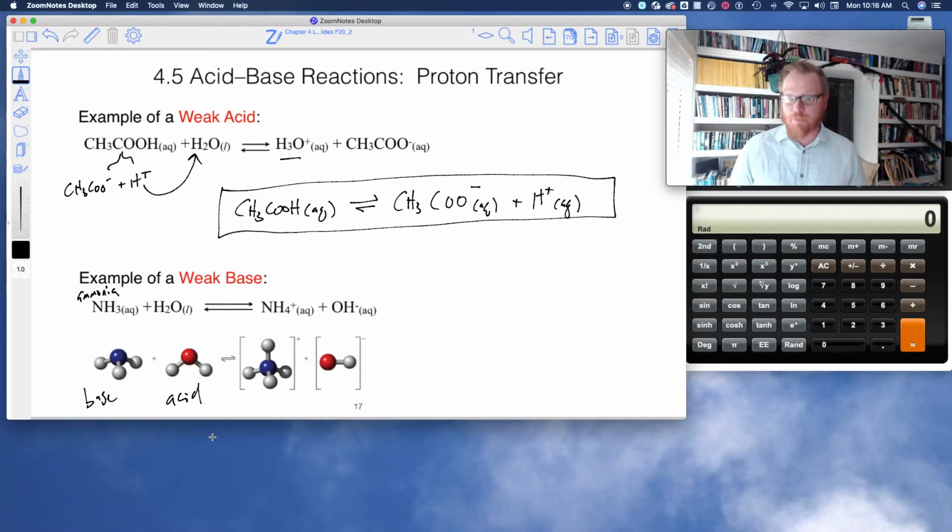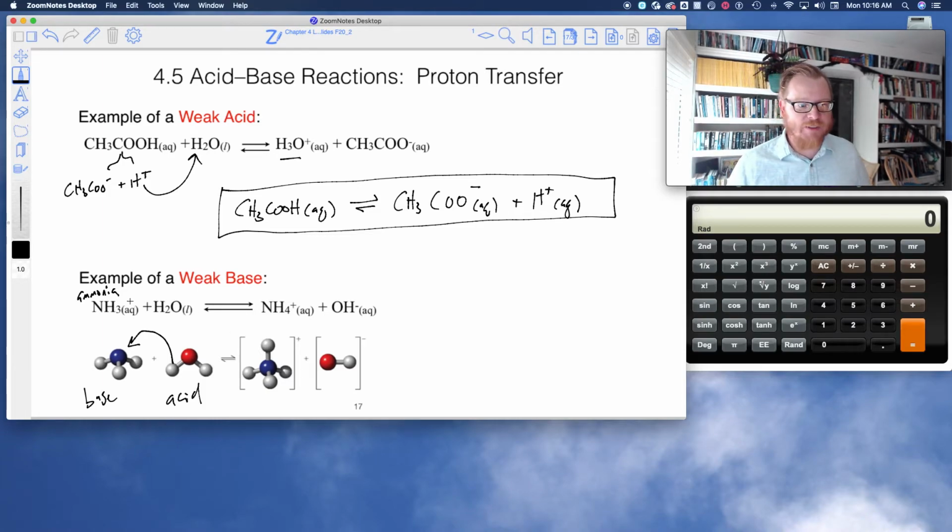I mentioned before that water can act as an acid and a base. When you react water with an acid, water will act like a base. When you react water with a base, water will react like an acid.